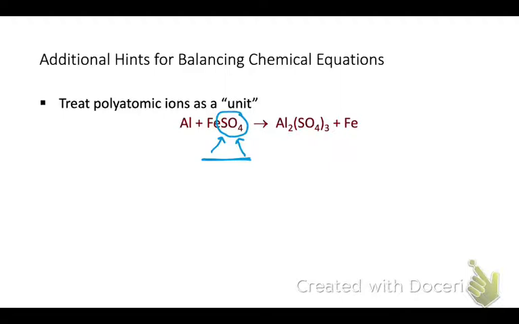However, to simplify, you can say, I have 1 sulfate here and 3 sulfate here, so I need to balance, for example, by adding 3 to this side. So I look at sulfate as a unit, not as individual atoms.